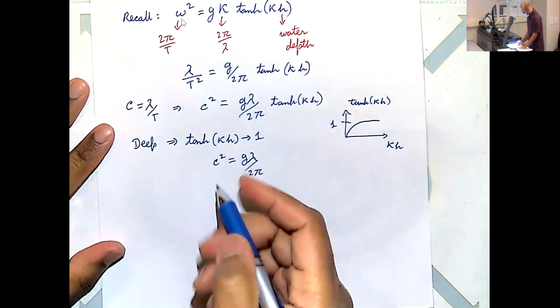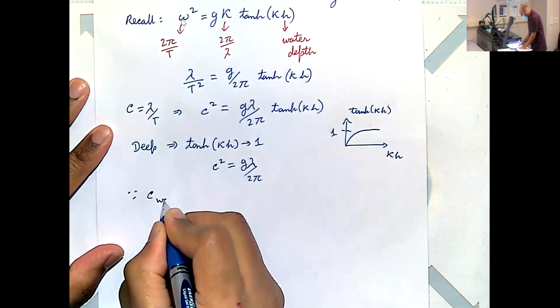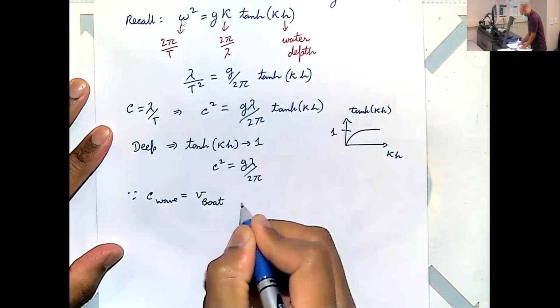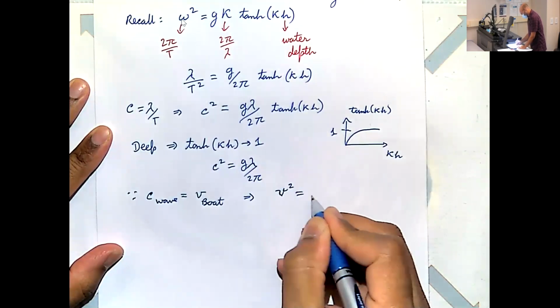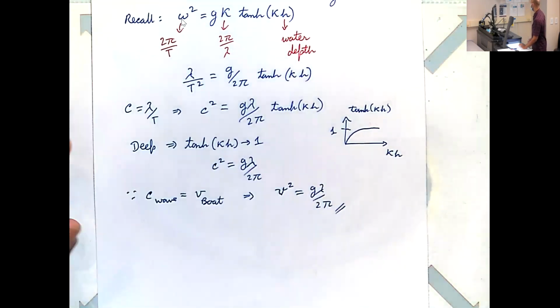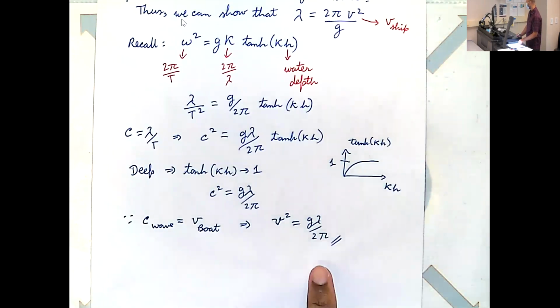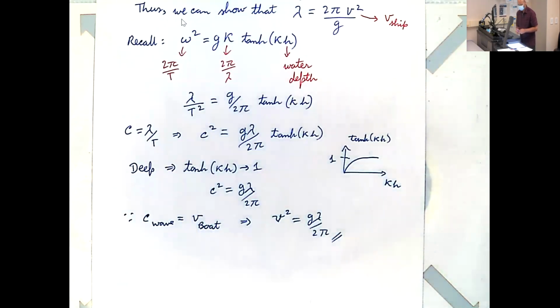And let me just remark that since c wave is equal to v boat, we get v squared is g lambda over 2 pi. Okay, so if you know the speed of the boat, you can predict what wavelength waves you will generate behind you.